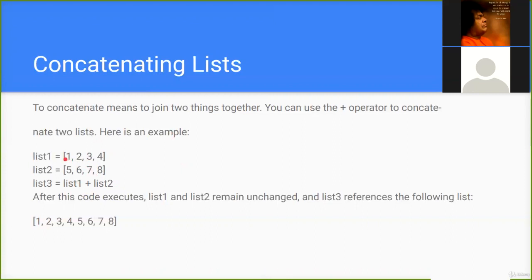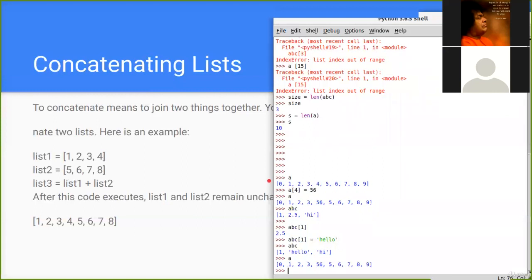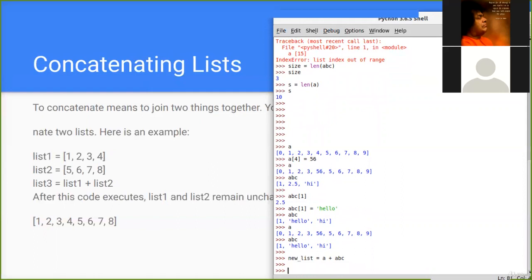So let us say we have two lists, A and a list called ABC. Now, when I create a new list, say new list is equal to A plus ABC, it will create a new list adding these elements to these elements at the end.